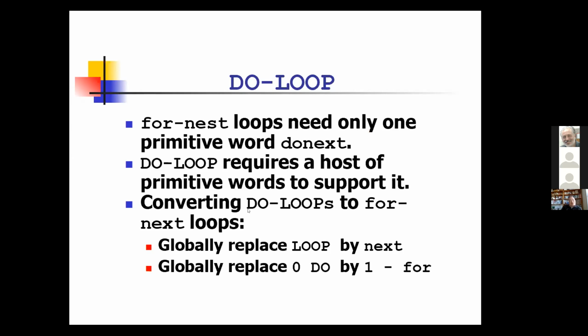Of course, if you use more sophisticated do loops like plus loop or slash loop, this doesn't work. So for these special loop commands, you have to go to them individually and try to convert it. But if you just have a simple 0 do loop, this method works perfectly.